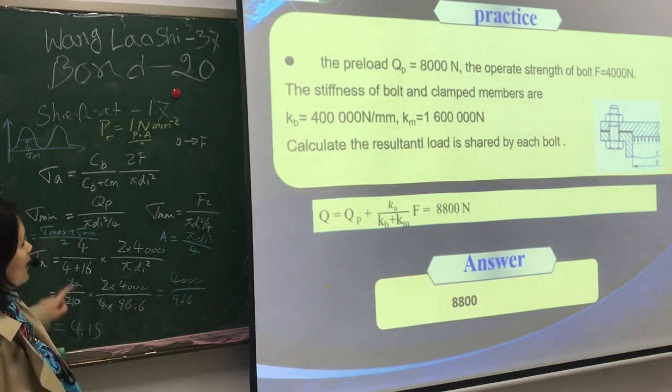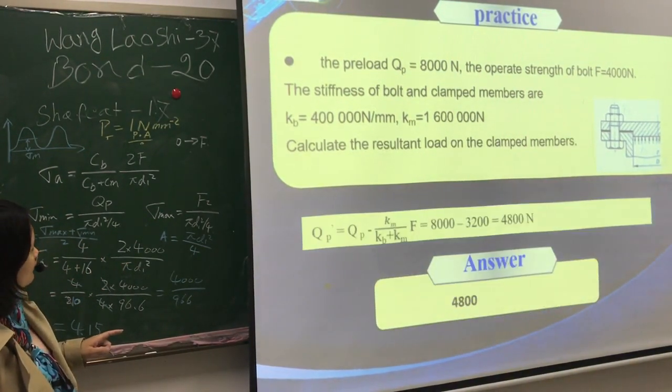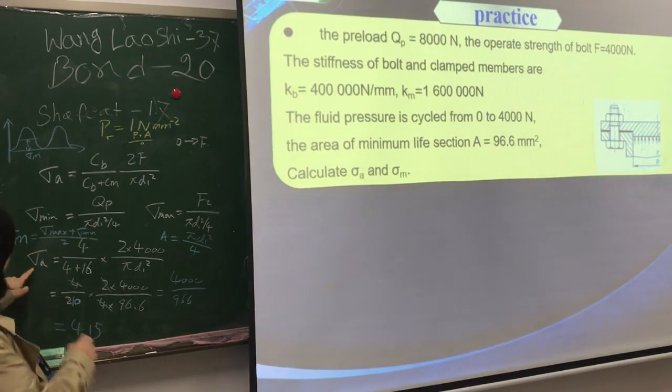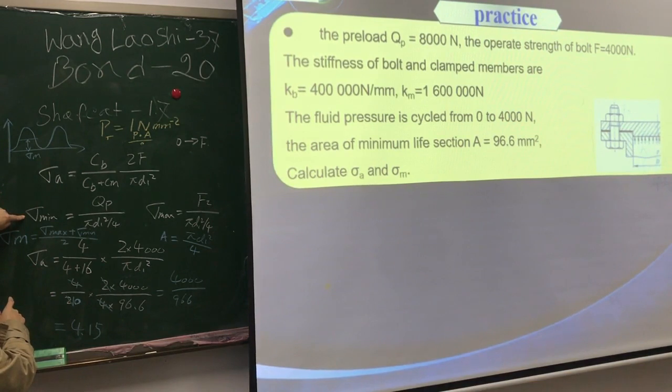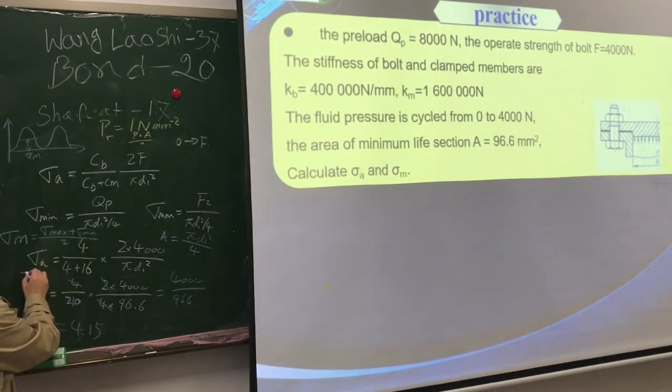Calculate the sigma M. We know the sigma A and we calculate the minimum stress, and use this and this we can calculate the mean stress. Okay, because the sigma A is sigma max minus sigma minimum over 2.